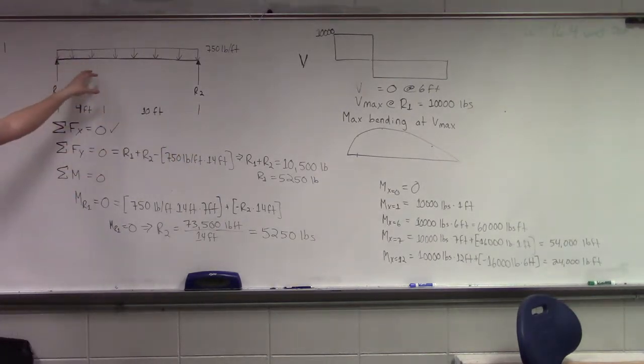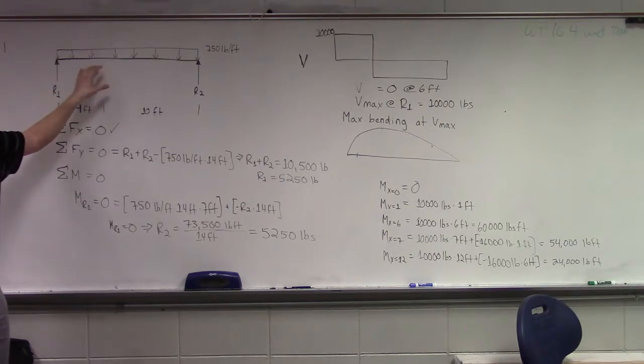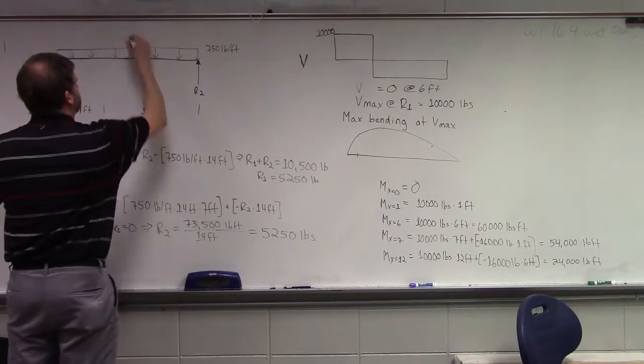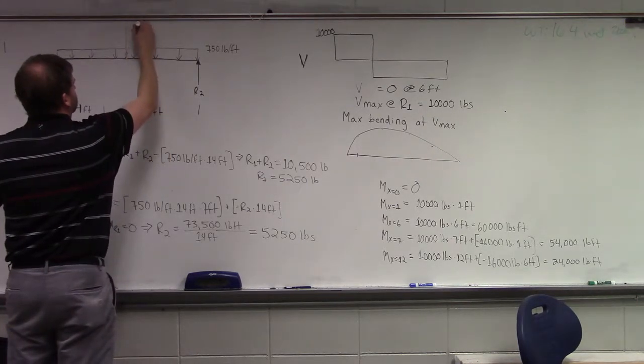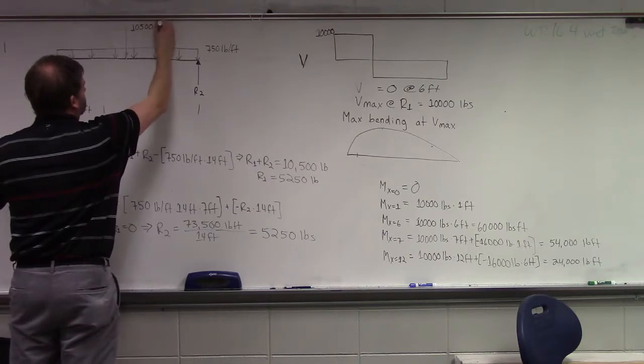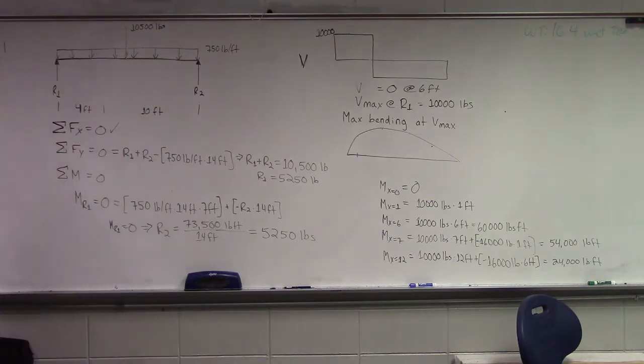In this particular case, aren't we saying the same thing as if we put a point load? So does your shear diagram not go down at an angle? The shear diagram will, yes. Our shear diagram's gonna end at negative 5250. Correct.